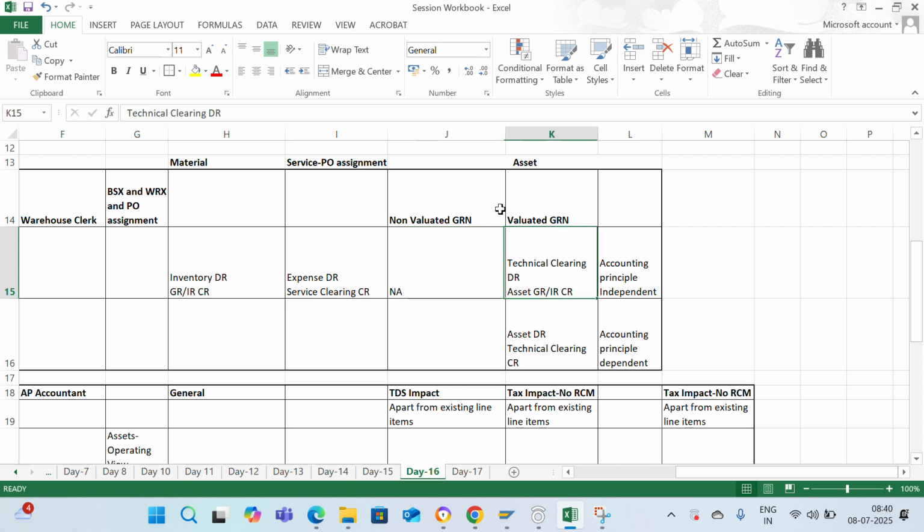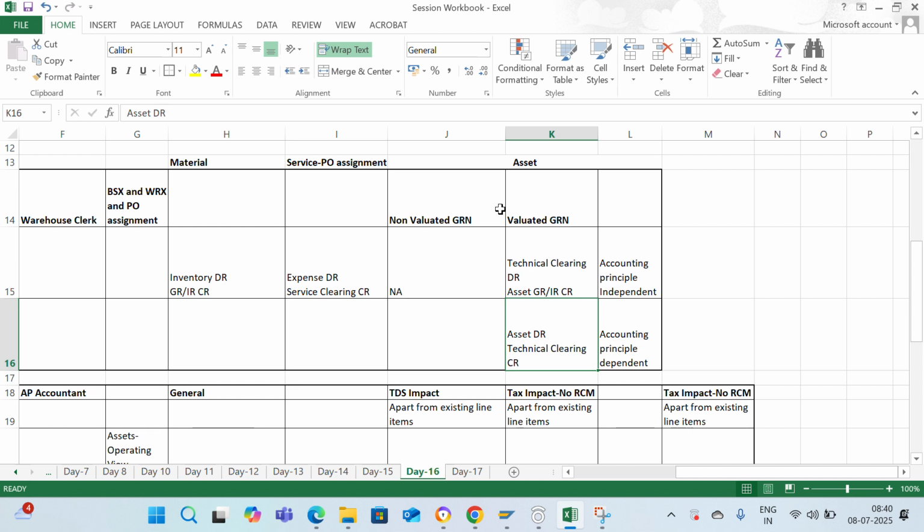And this particular entry is accounting principle independent. We'll talk in more detail in our coming session what is accounting principle dependent and independent cases, but as of now, on a high level, you can remember that the general entry is technical clearing account debit to asset GRIR.